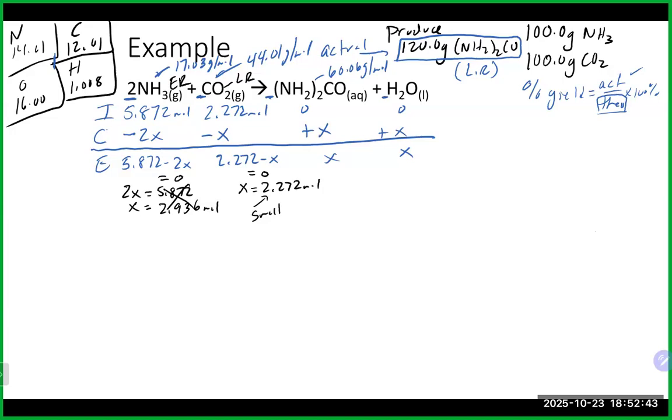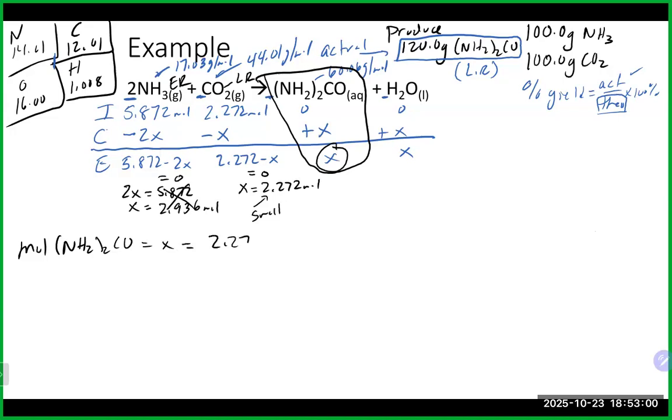All right, so in this case, we do need our theoretical yield, so we're going to focus on this guy, and from the table, we can see that at the end, it basically equals x. So the moles of our product here are going to basically equal x, which means we already know the moles, so 2.272 moles of our urea here.